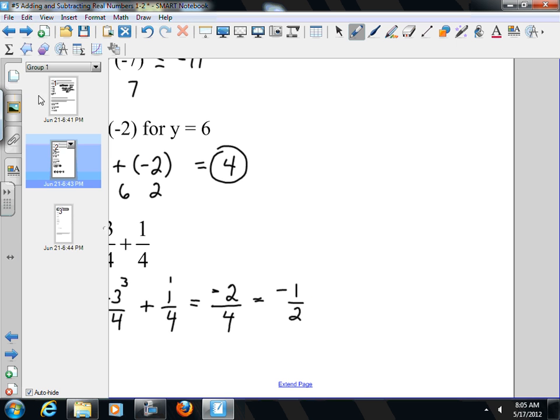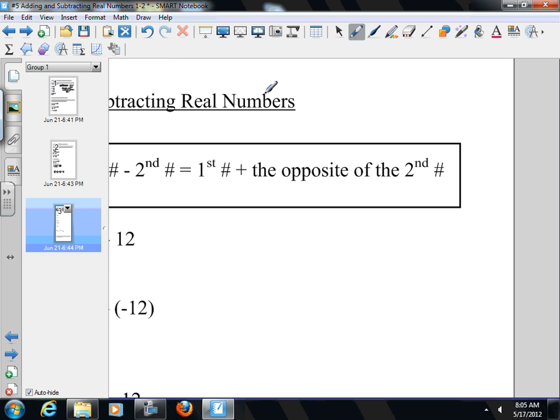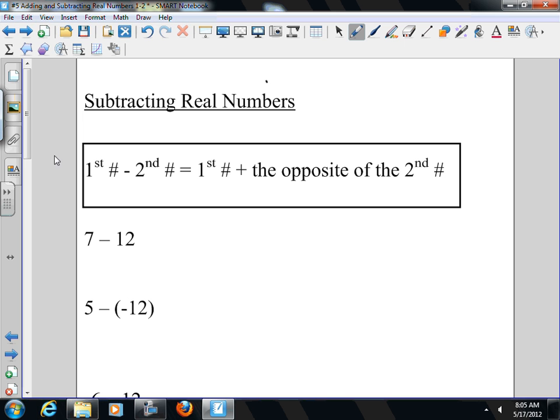Okay, let's go on. Subtracting real numbers. The basic rule for subtracting signed numbers is, if you have your first number minus the second number, it's equal to the first number plus the opposite of the second number. So for instance, if I rewrite 7 minus 12, what we're going to do with all of these problems is rewrite them as addition problems.